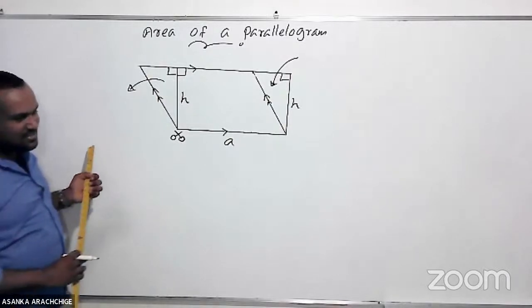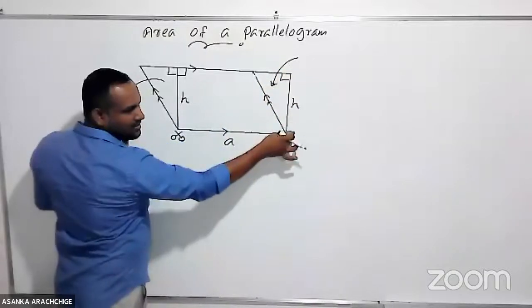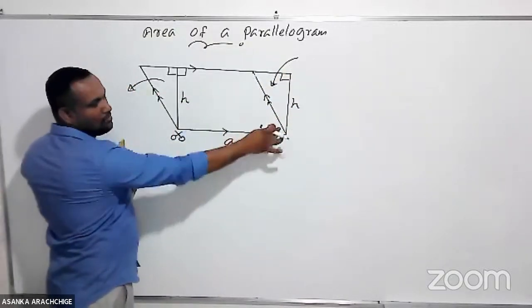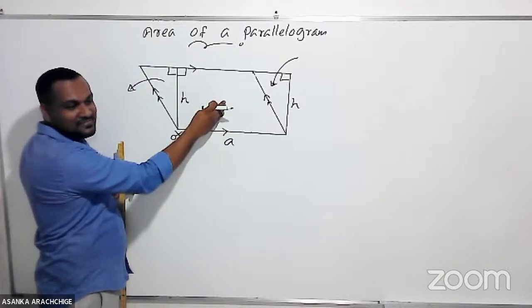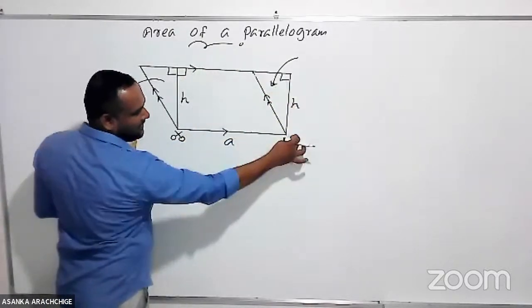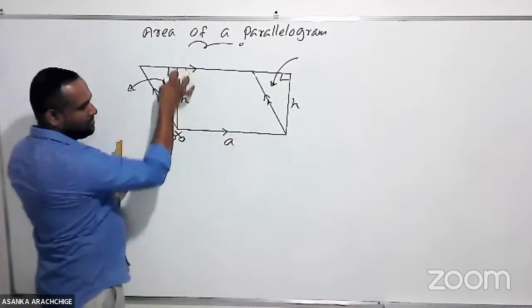Therefore, what happens? Now, what do they make? This triangle and this trapezium, they make a rectangle. What is the length? A. What is the breadth?